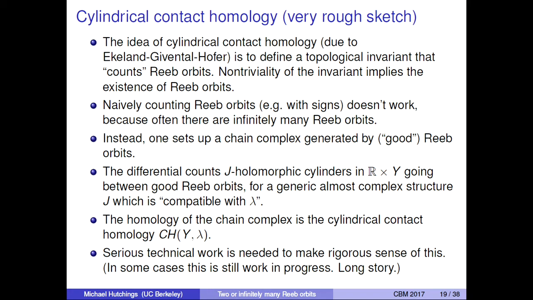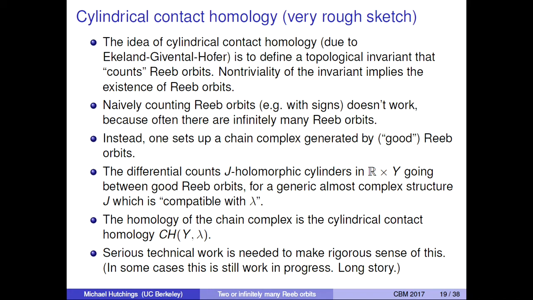Instead of just saying 1, 2, 3, 4, 5, and so on, you have to do something a little more sophisticated. The idea introduced by Eliashberg, Givental, and Hofer is you define a chain complex, generated by Reeb orbits. Actually, you have to throw out a few bad ones, so it's generated by simple Reeb orbits.